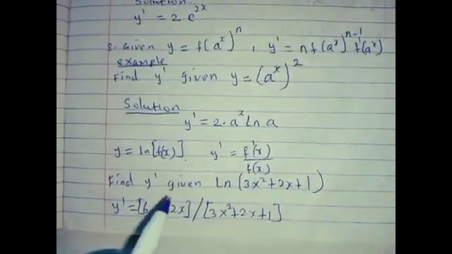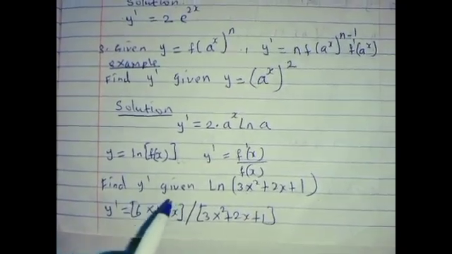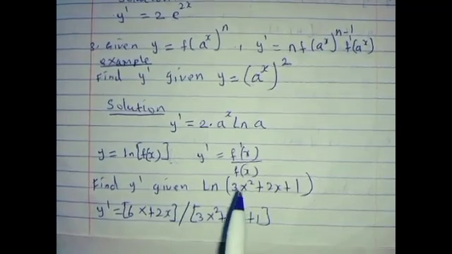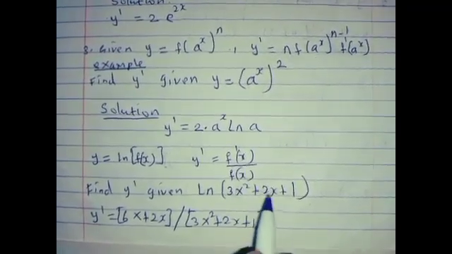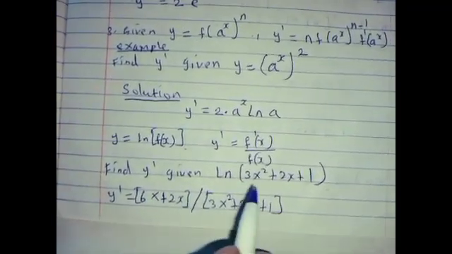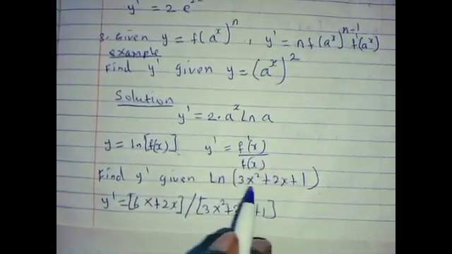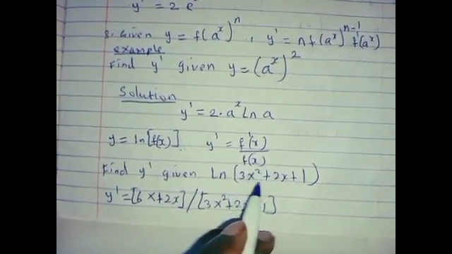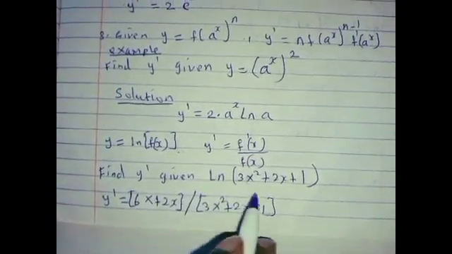A good example: find y prime given natural logarithm of 3x squared plus 2x plus 1, everything in brackets. To do that, you simply differentiate this function in the bracket. 3x squared differentiated gives 6x.